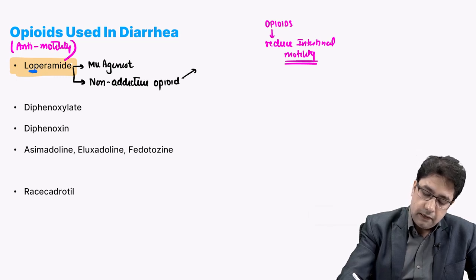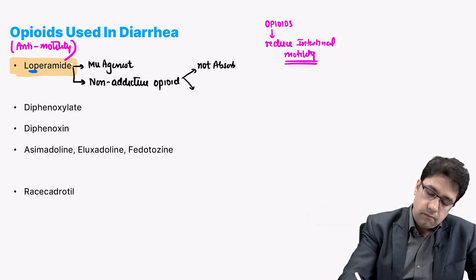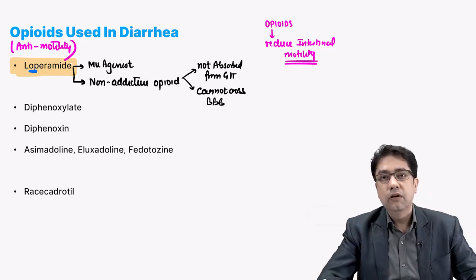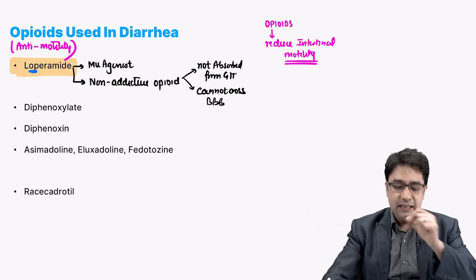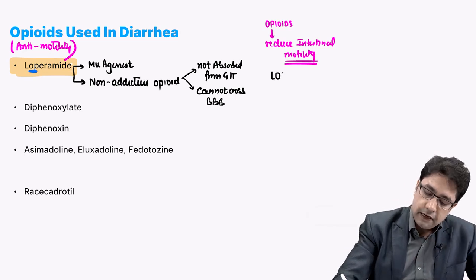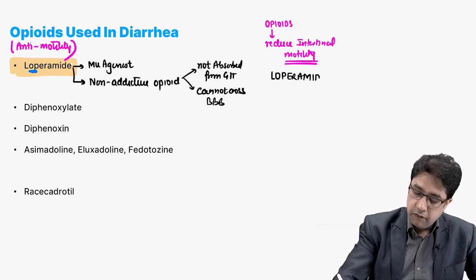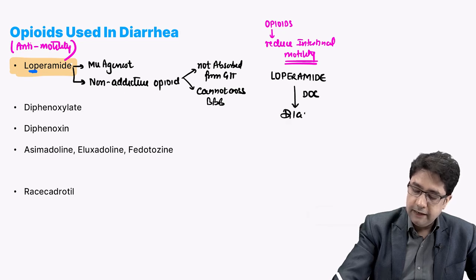Because loperamide is not absorbed from the GIT, and loperamide cannot cross the blood-brain barrier. So it cannot enter into the brain. It's a non-addictive opioid. That is why loperamide is now considered to be the drug of choice for diarrhea.